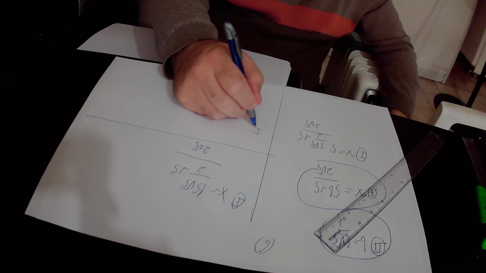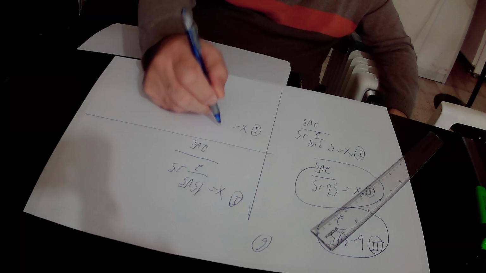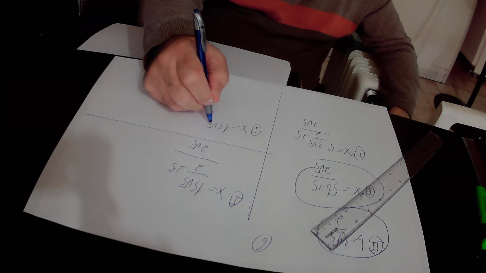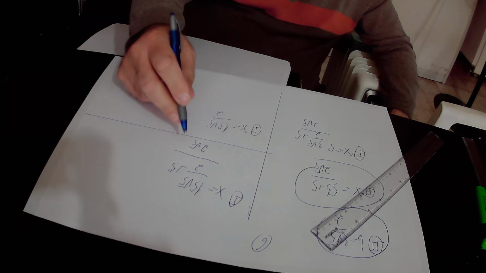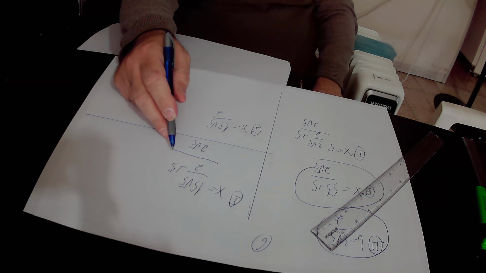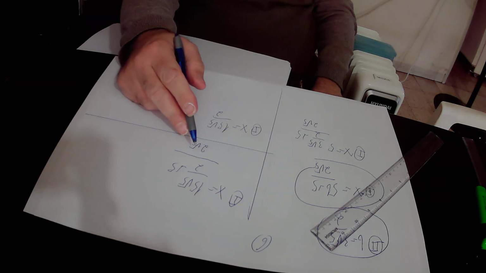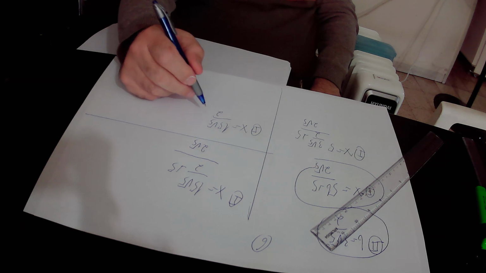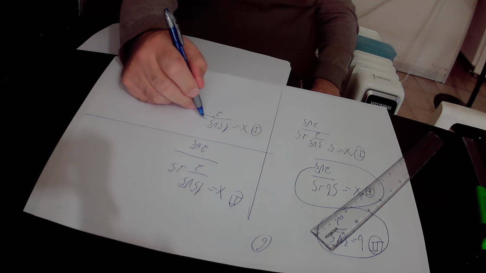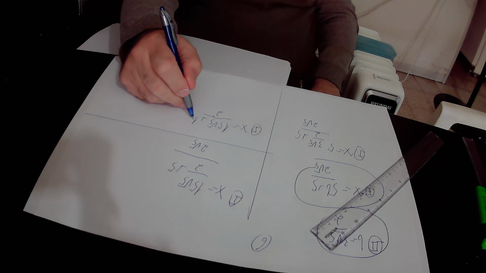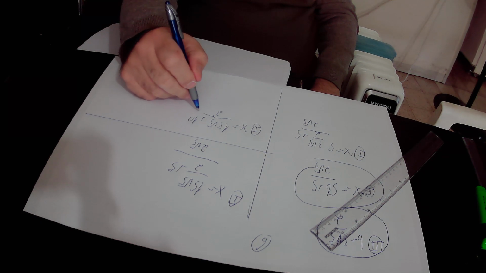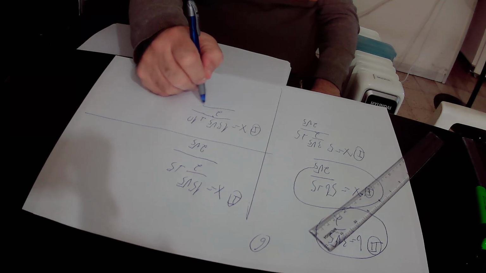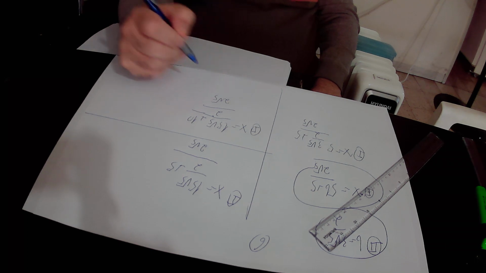Here we multiply 5 by 2 and then divide it by 2 in order to get a common factor with this expression. So it is plus 5 times 2, which is 10, and then we divide it by 2, so we change nothing, all divided by 2 times square root of 5.